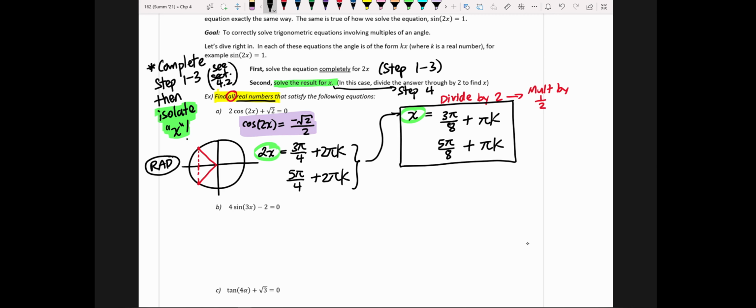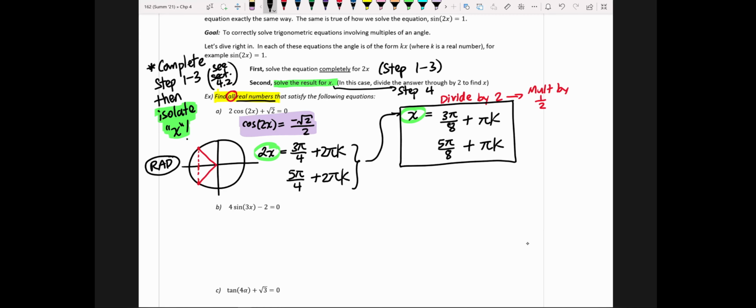When we went through the 3 steps, we went through the 3 steps to solve for 2x. So notice that the period for cosine is 2 pi. We're not looking at the period for cosine of 2x. We're looking at the period for cosine of input, the parent function, because we're just solving for the input.